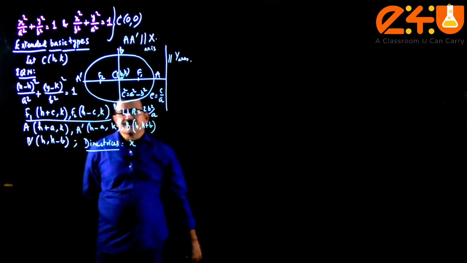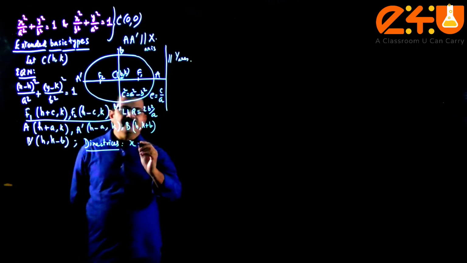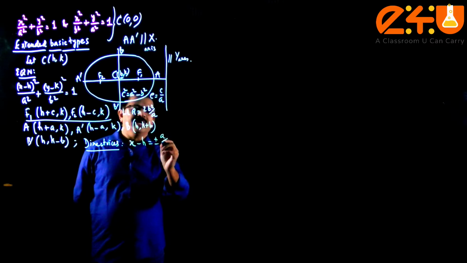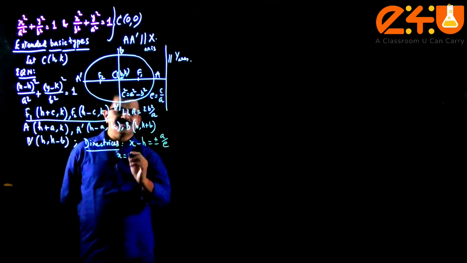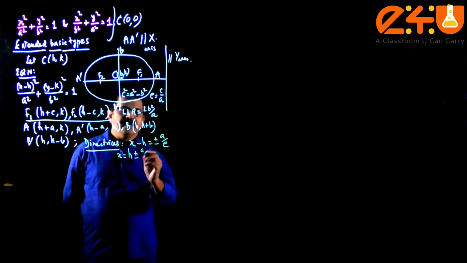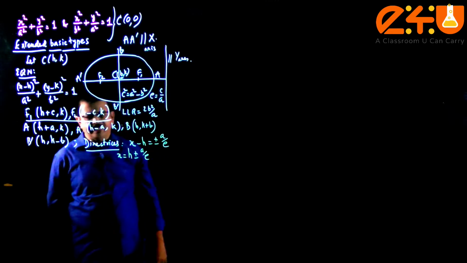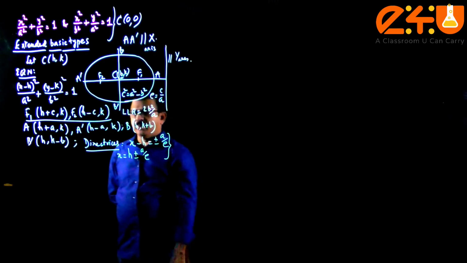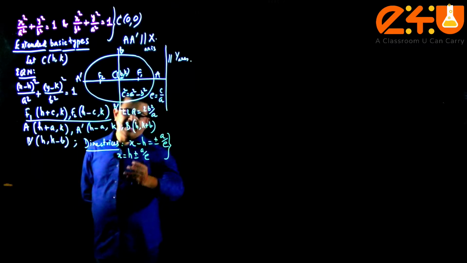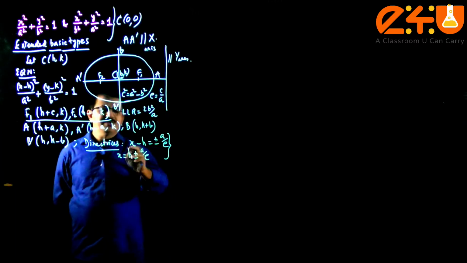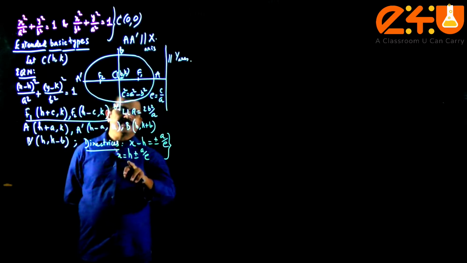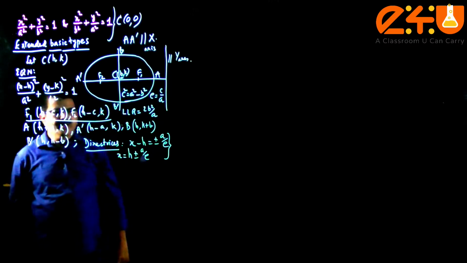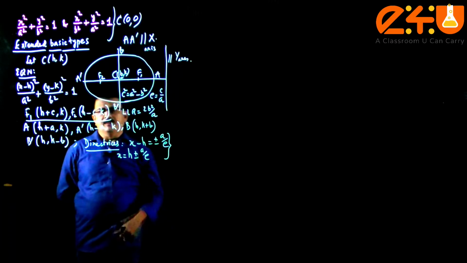So directrices will be x minus h equal to plus or minus a by e. In other words, x equal to h plus or minus a by e. So those two directrices equations will be obtained by adding or subtracting a by e to the x coordinate of the center h. Fine, these are the modifications that you will have to take up.